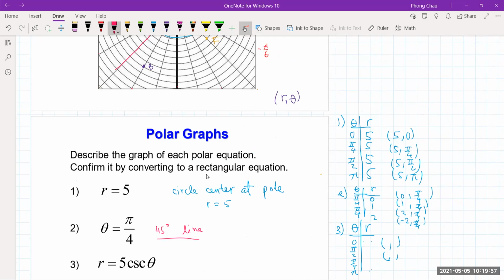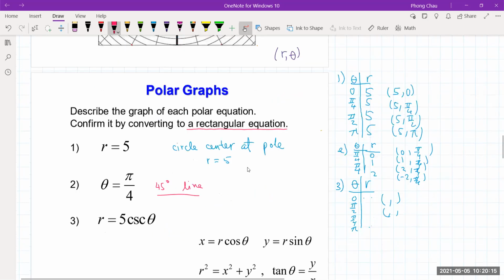Okay, we call it the rectangular equations. So I want to confirm the graph circle and the line here by converting to rectangular equations. So that means I want to turn the equation into x and y rather than r and theta.